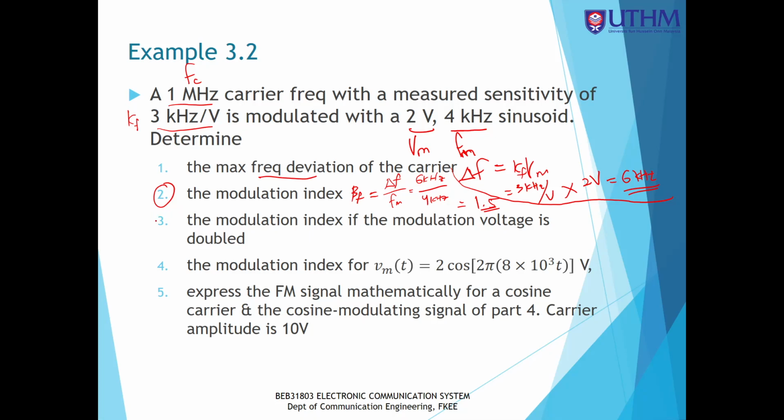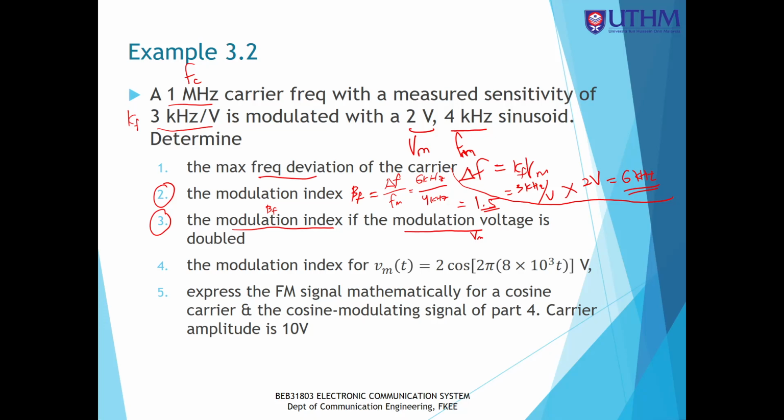Question 3 asks you to find the modulation index if the modulation voltage is doubled. Modulation voltage is referring to the Vm. So the question asks what is the value of beta f if the value of Vm is doubled.